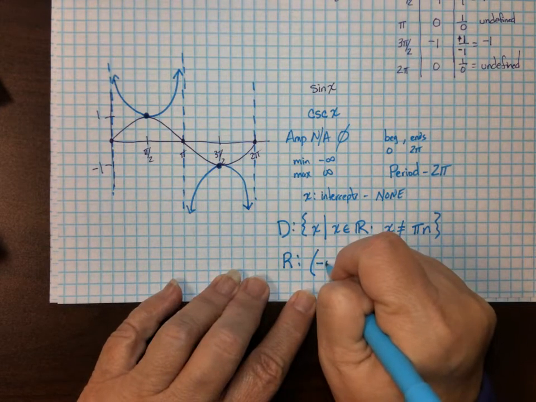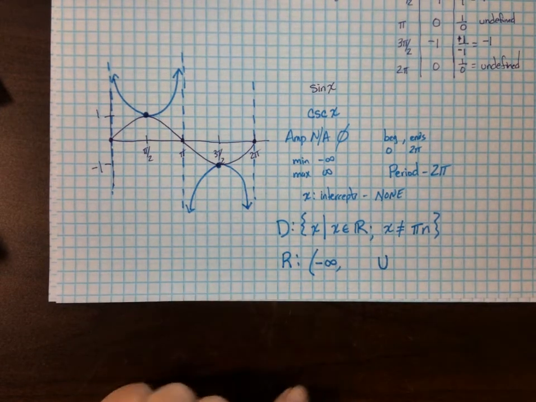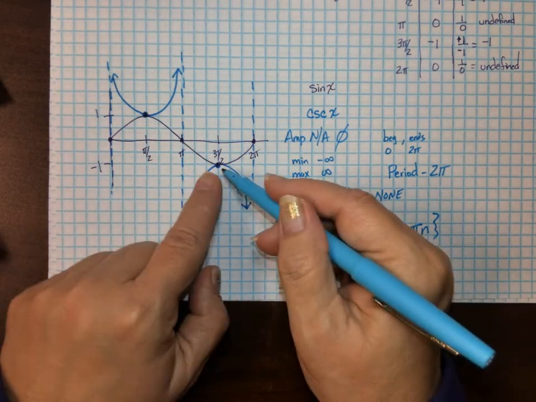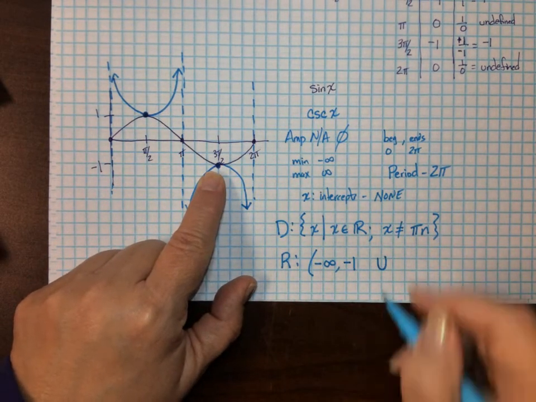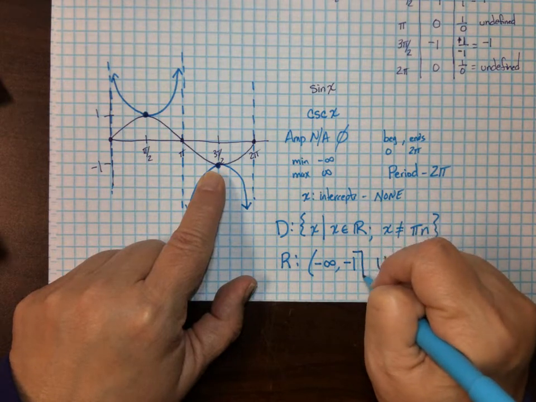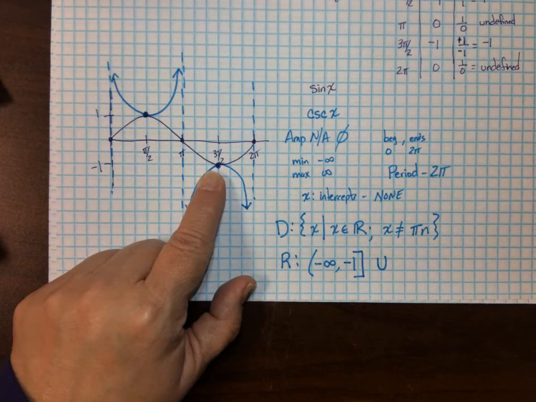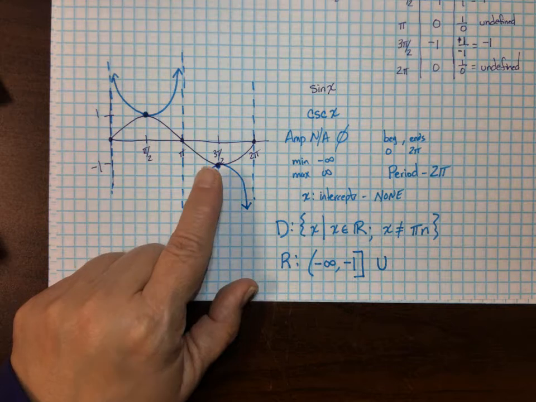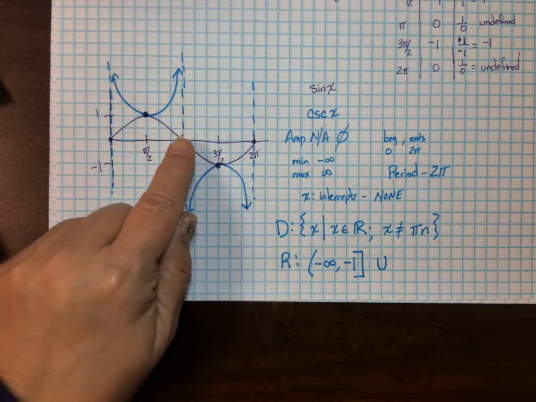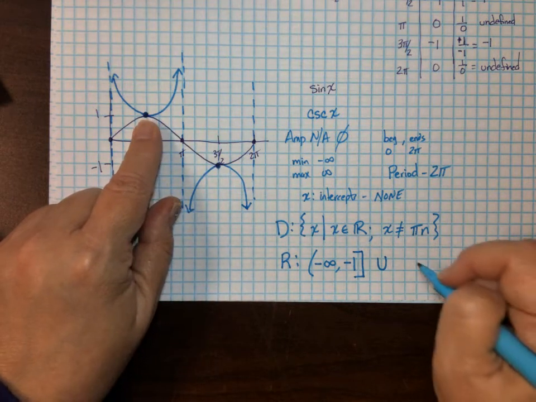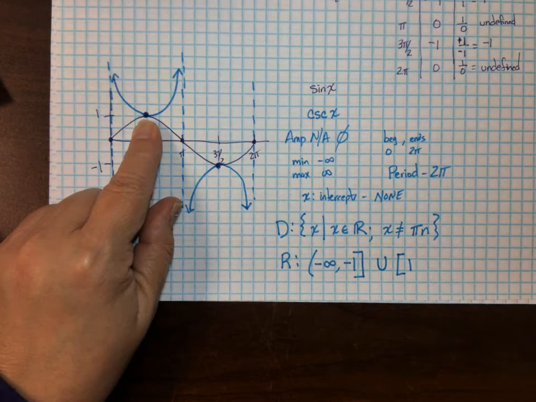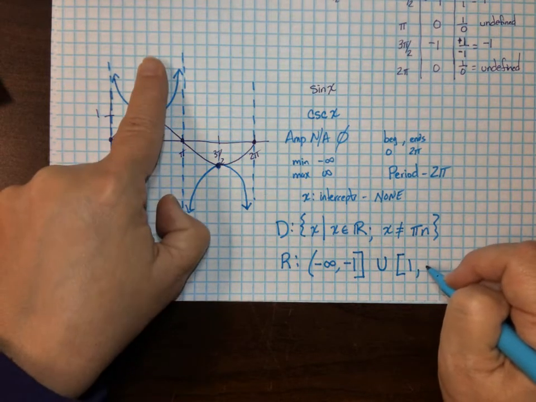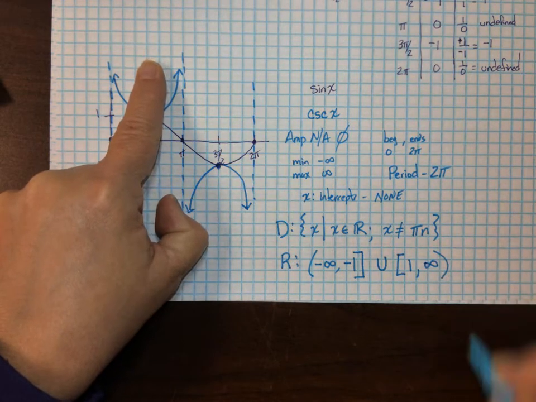So it's starting at negative infinity, and then it goes up as high as negative 1. It equals negative 1, so there would be a bracket around negative 1. And then we pick up with a value of 1, so a bracket at 1, because we're on that value, and we go up to infinity.